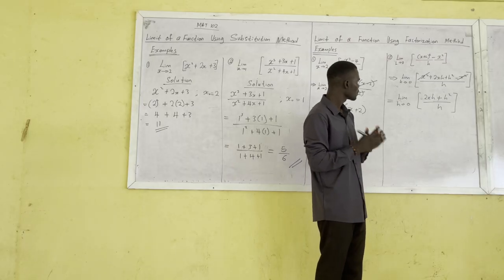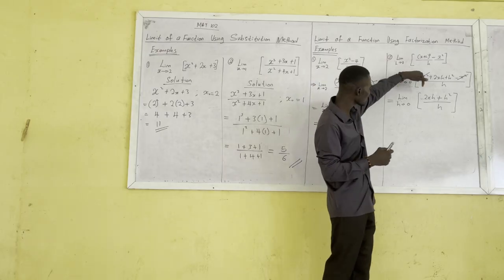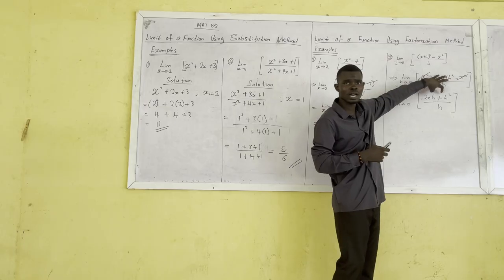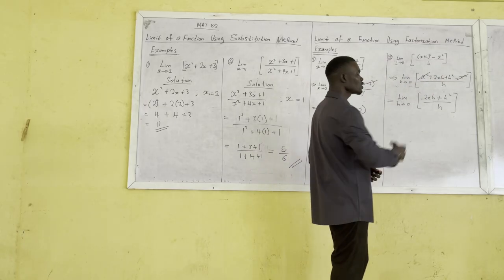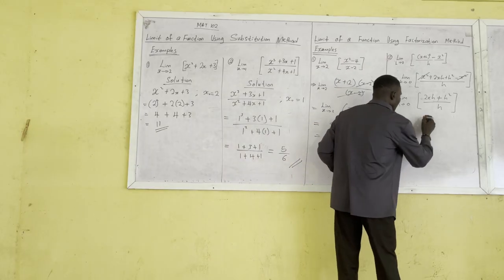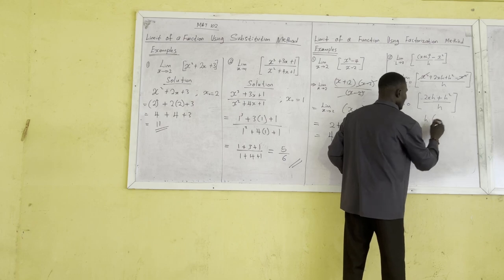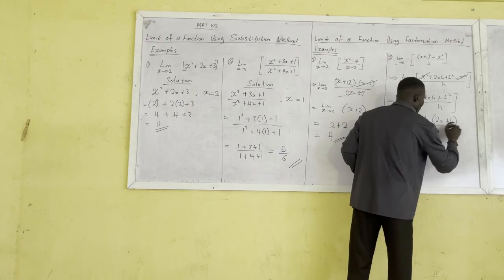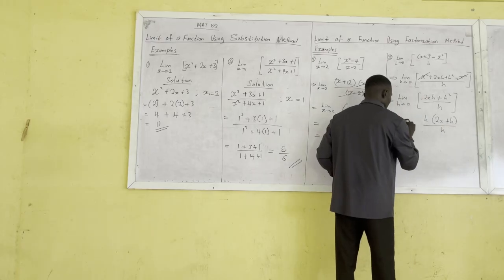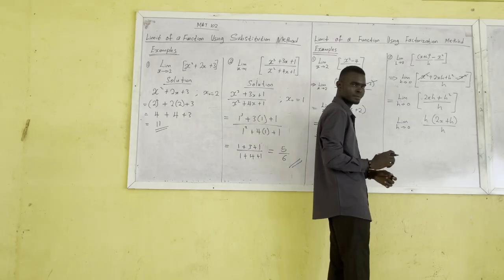From the numerator, we can do something. What are we going to do? We can factorize out h from these two terms because h is a common factor to both. So if we factorize out h, we have h open bracket 2x plus h, all over h, limiting the expression as h tends to 0.